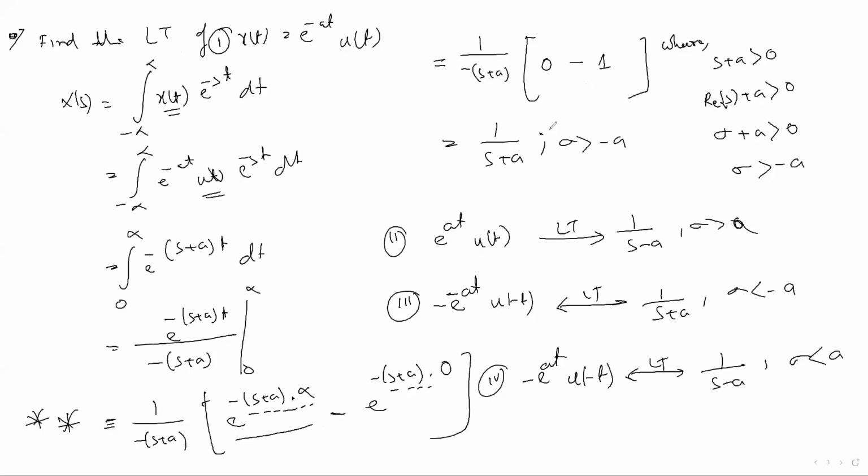Somebody asked why I have written e to the power minus s plus a into infinity. You can see here that the infinity term is there, so this is 0.